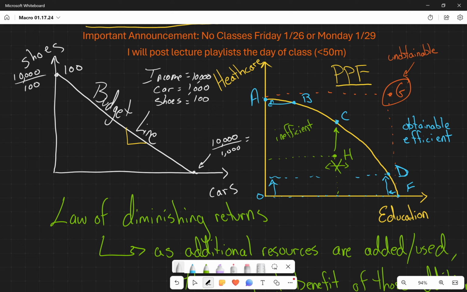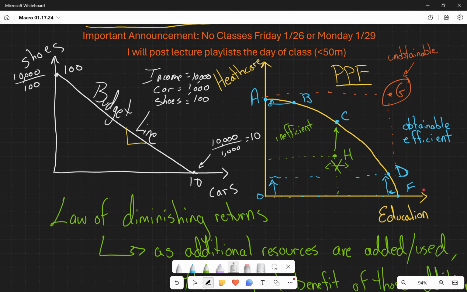So this is going to give me a 10 right here. The second difference between the PPF and the budget line is that the budget line has actual numbers on the axis, whereas the PPF is just generic healthcare, generic education. There are never dollar values assigned to PPFs or PPCs.